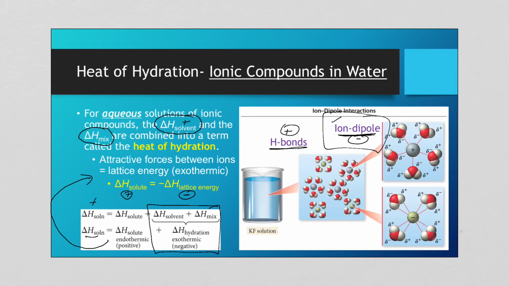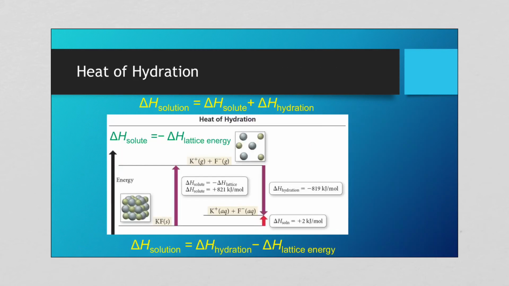Let's look at an example. So we have our basic equation, solute plus hydration. Look at, in this case, dissolving KF. When we dissolve it, the energy to break up our solute, the lattice energy for KF, is negative 821 kilojoules per mole.